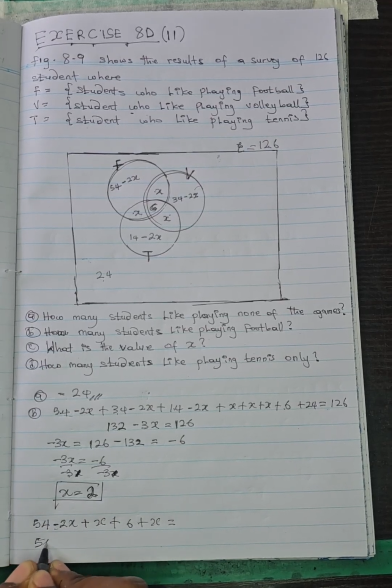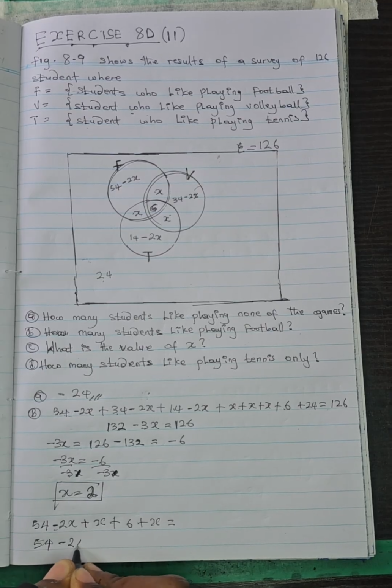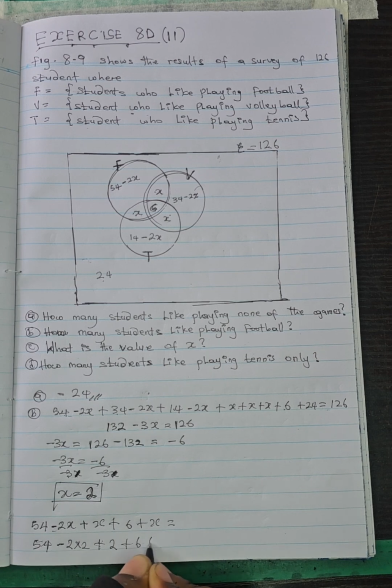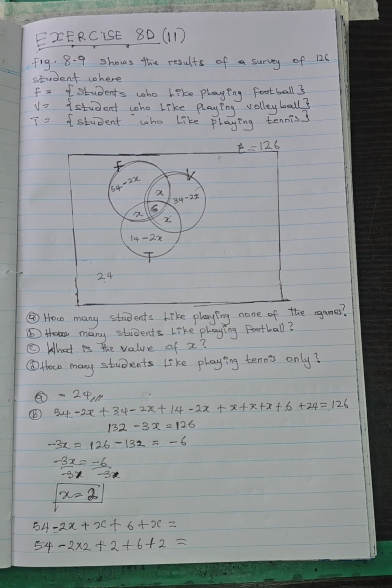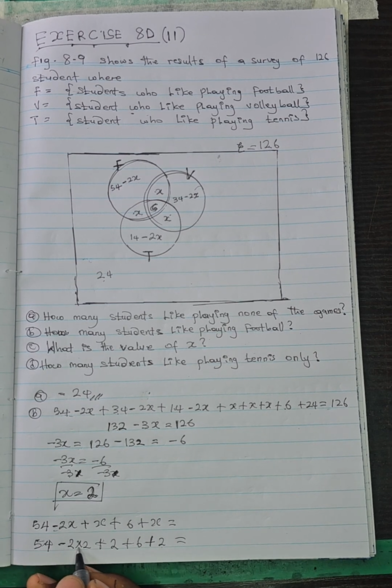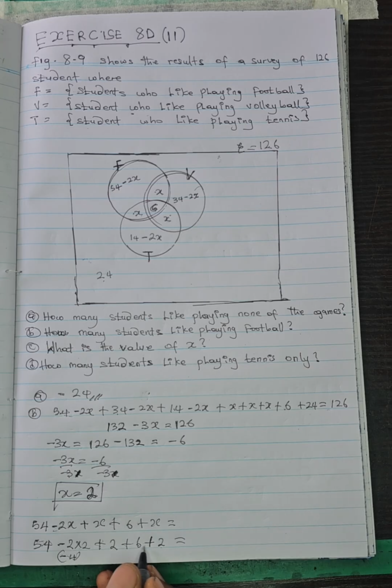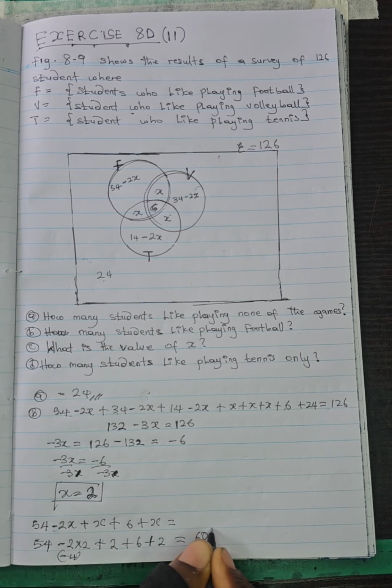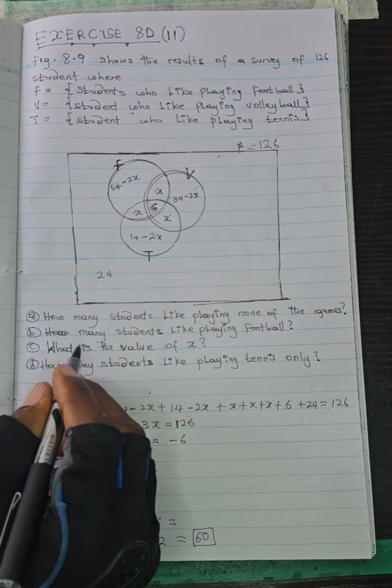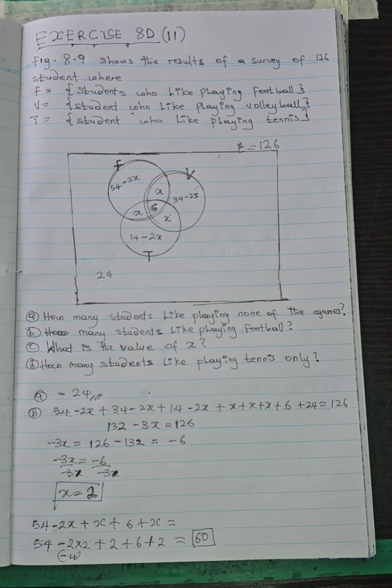So we do 54 minus 2 times 2 plus 2 plus 6 plus 2. 54 minus 4 is 50, plus 2 is 52, plus 6 is 58, plus 2 is 60. The number of people that like playing football is 60.